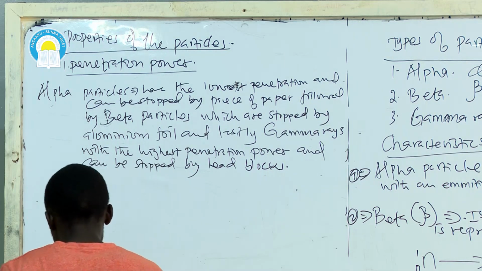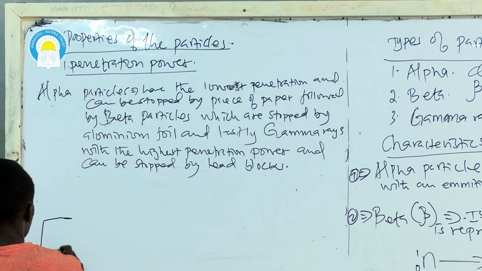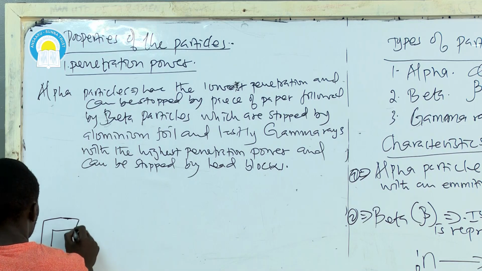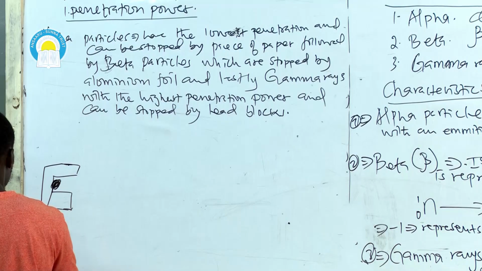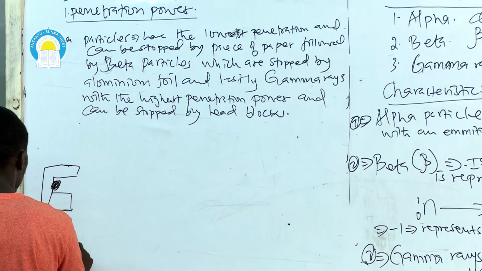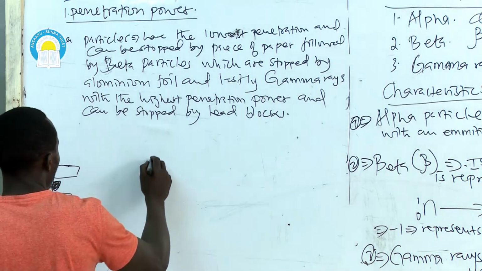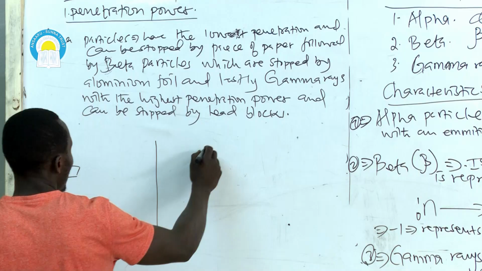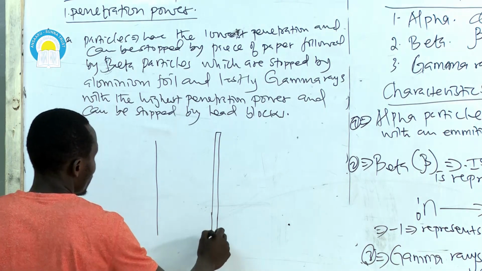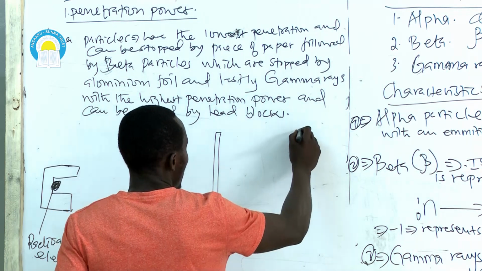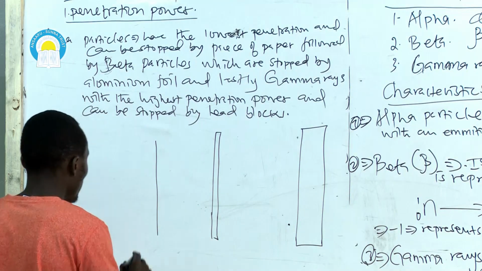So if we have a radioactive element here, then we have a piece of paper. We have here an aluminum foil. And we have the lead blocks. So this one is the piece of paper.